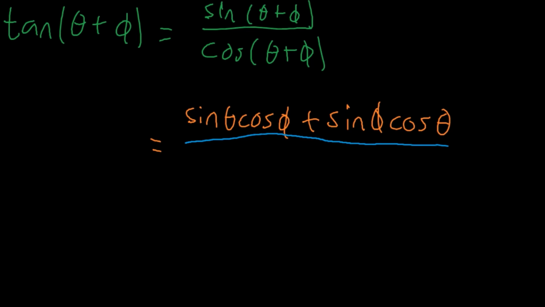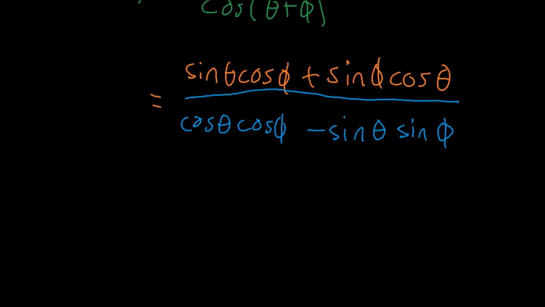And the cosine was cos of theta cos of phi minus sine of theta sine of phi. Well, first thing that we want to do is factor out cos theta cos phi and divide by it. This would leave us with tangent terms because the sine theta and the cos theta match up, and the sine phi and the cos phi match up.